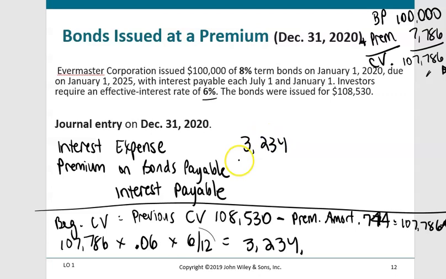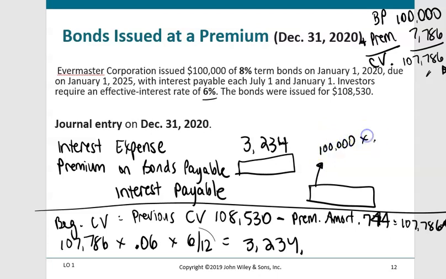The amount of the premium is equal to the difference between the cash interest paid, or in this case, to be payable tomorrow, and the amount of interest expense. How much is the interest payable? Just like with the cash payment, face value of the bond, 100,000, 8% stated rate, semi-annual, so times 6 out of 12, or 4,000.